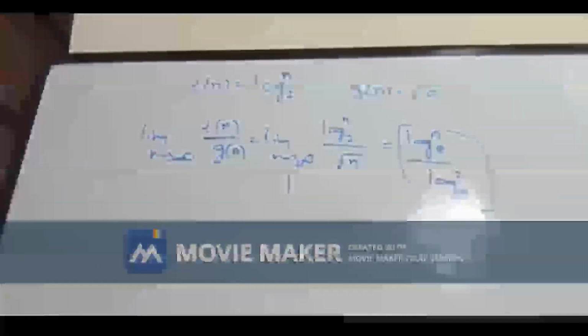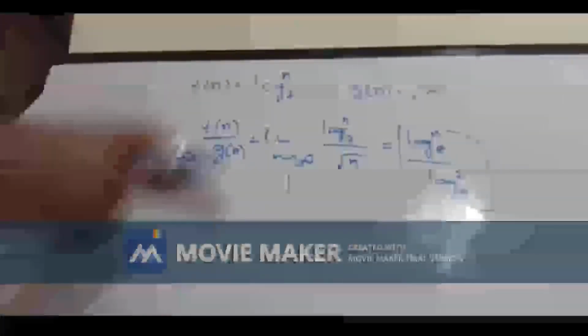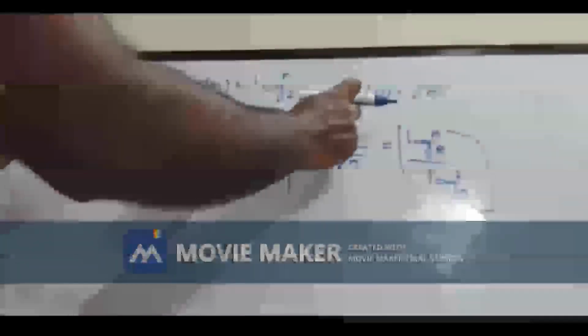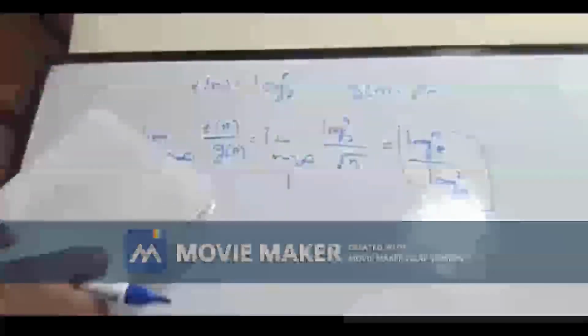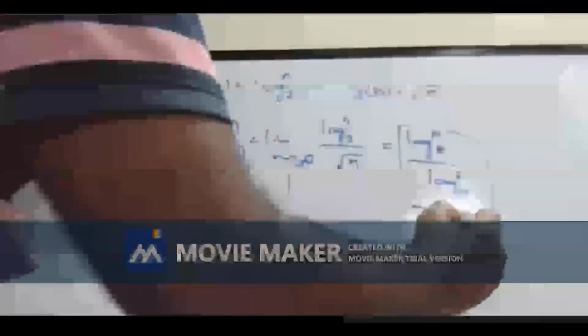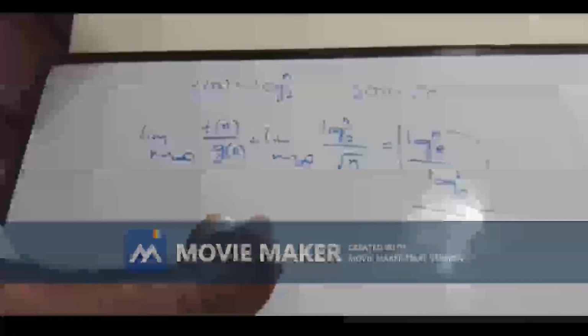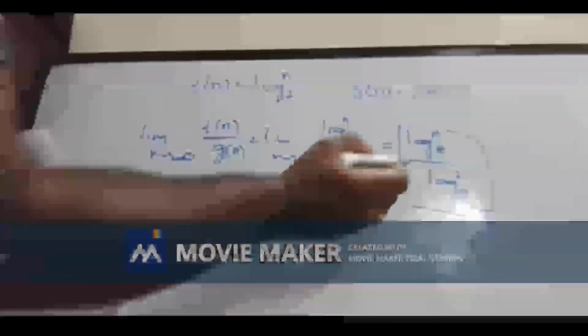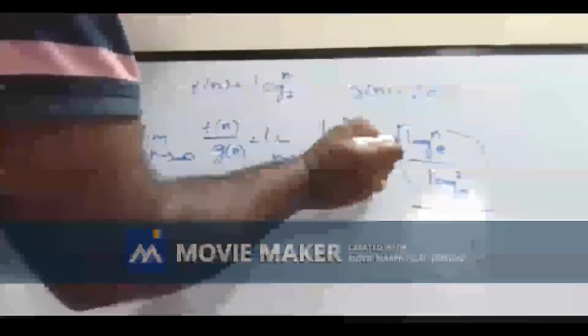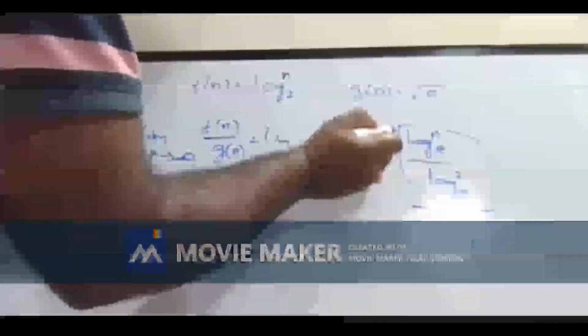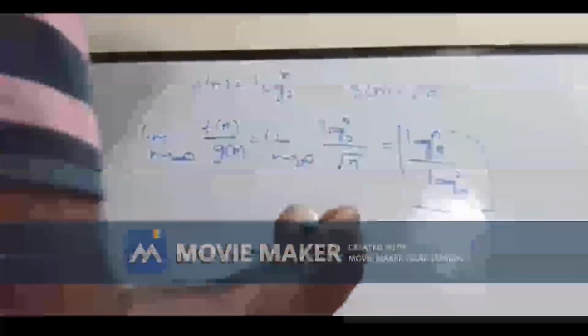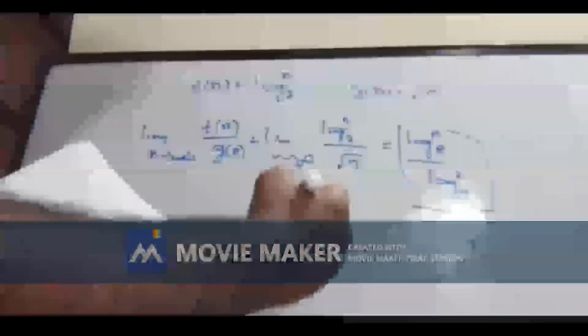From that you can write base 2 converted to base e in this way. So it is log n base e divided by log 2 base e. Then we can take square root of n as it is. Now further, in the numerator you have 1 divided by log 2 base e, so I'll take it out separately.